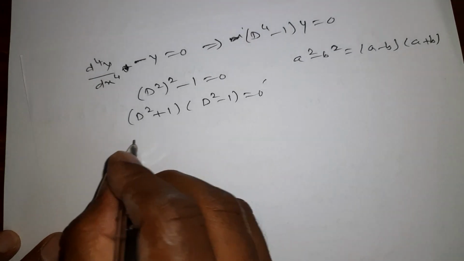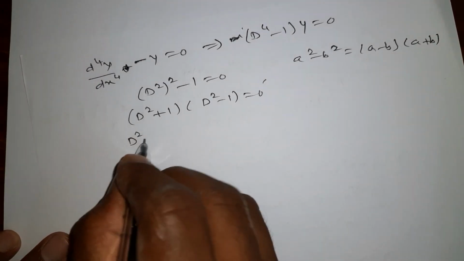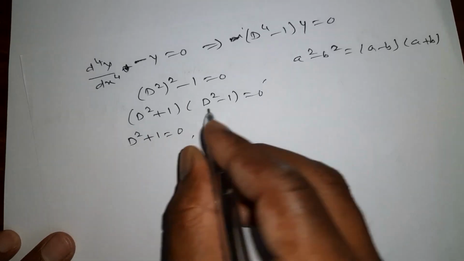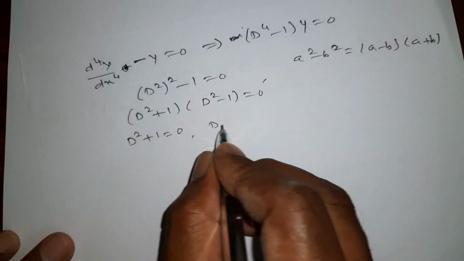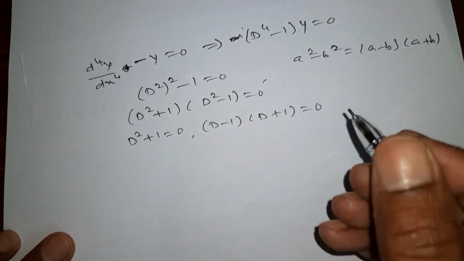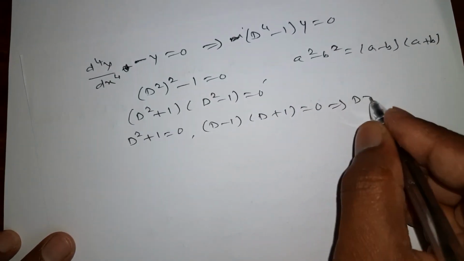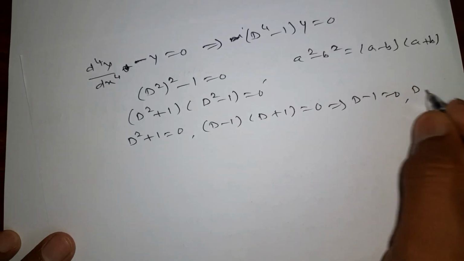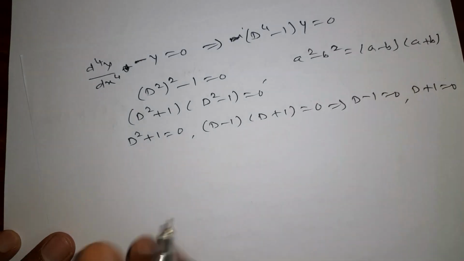Understood? Now, here D square plus 1 is equal to 0 and D square minus 1 I can write D minus 1 into D plus 1 is equal to 0. So, this is nothing but D minus 1 equal to 0, D plus 1 equal to 0.